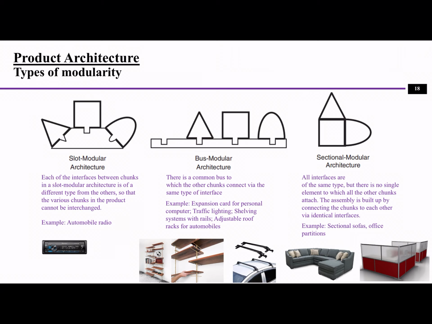In the car, there's one specific, unique slot just for the radio, and it can be changed to another radio set, but it cannot be changed to some other kind of function, right? So it's specific to this radio function. So this is a slot modular architecture.